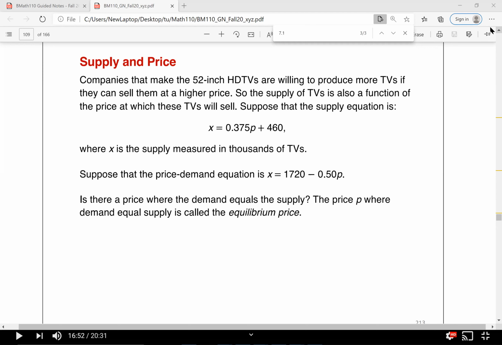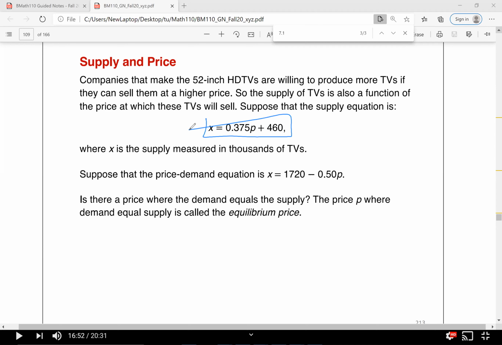Suppose the supply equation is x equals 0.375p plus 460, where x is supply measured in thousands of TVs, and suppose the price demand equation is x equals 1720 minus 0.50p.